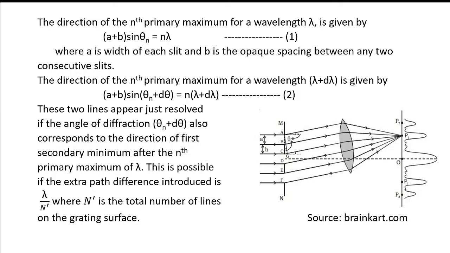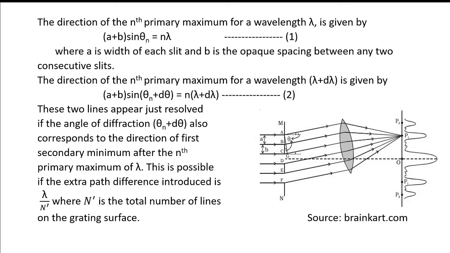Now, these two lines appear just resolved if the angle of diffraction theta n plus d theta also corresponds to the direction of first secondary minimum after the nth primary maximum of lambda.